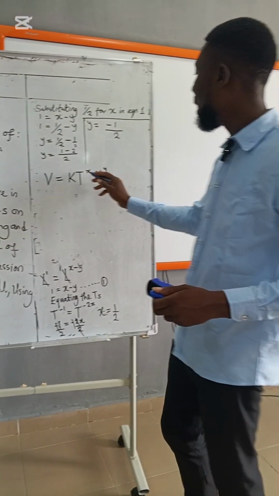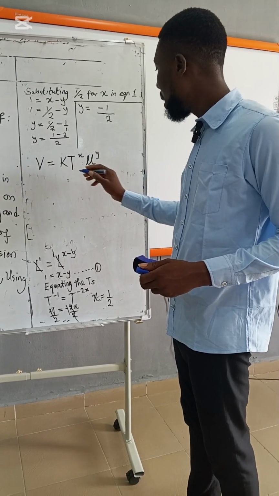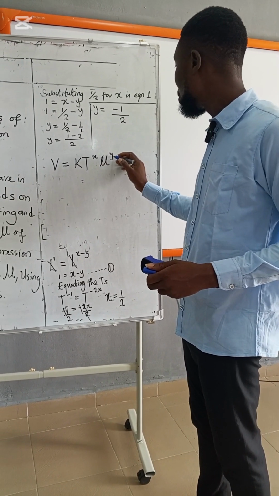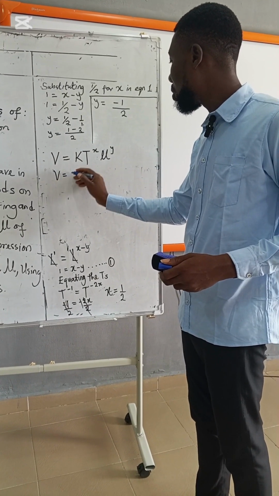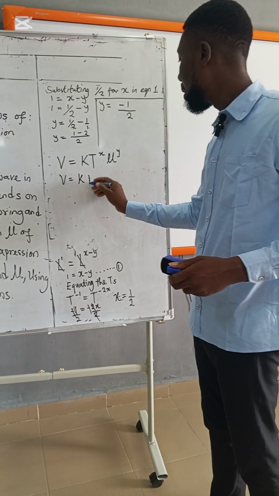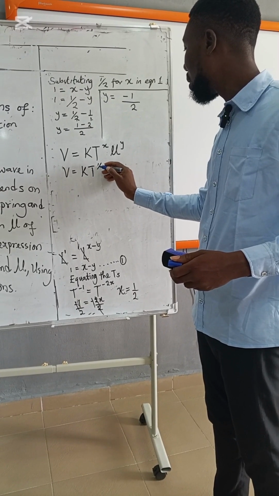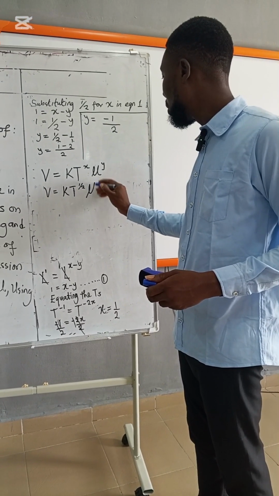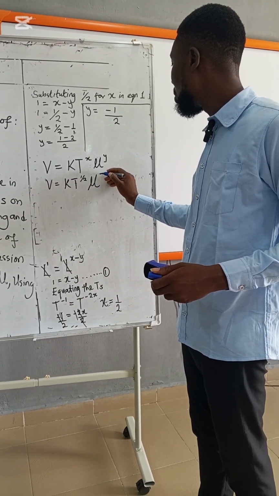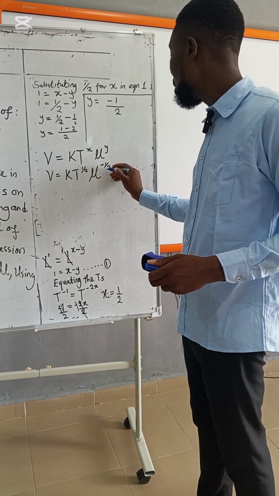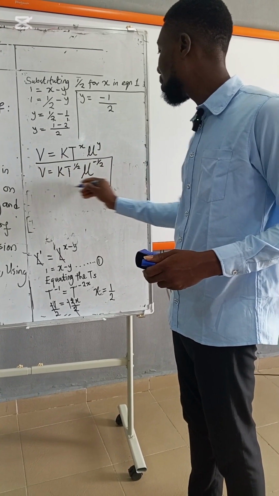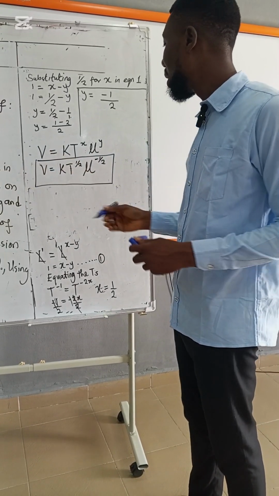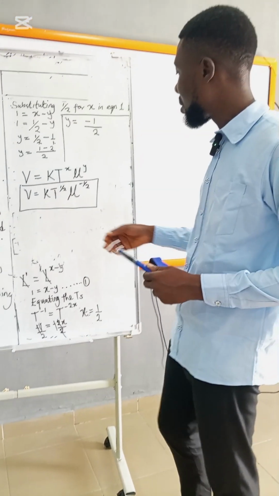Now knowing the value for x and y, so x is 1 over 2, y is minus 1 over 2. So v will be equal to k t to the power 1 all over 2 and mu to the power minus 1 all over 2.